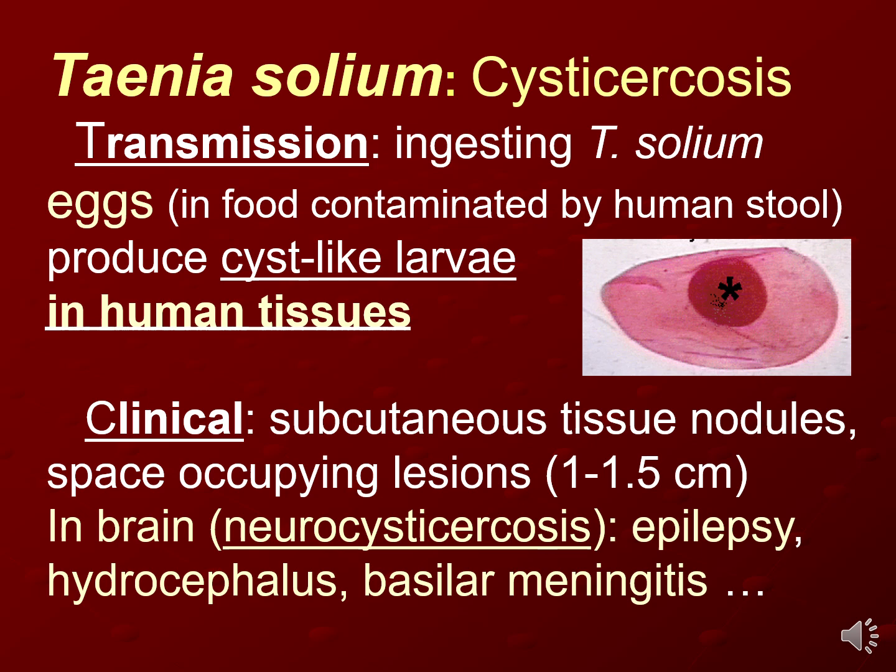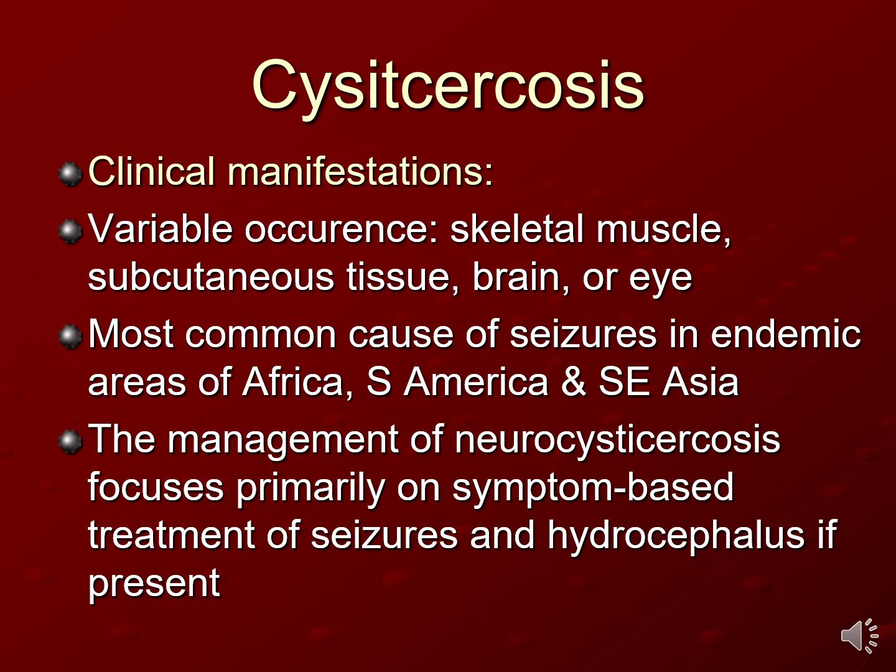We have development of cyst-like larvae in the tissues of humans, clinically subcutaneous tissue nodules, space-occupying lesions 1 to 1.5 centimeters, and it can occur in the brain, neurocysticercosis producing epilepsy, hydrocephalus, and basilar meningitis as well.